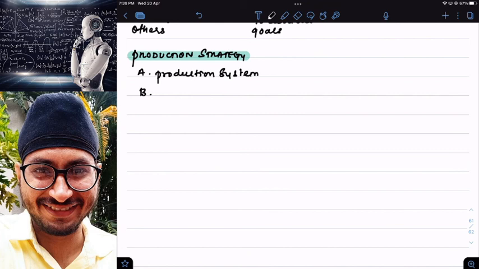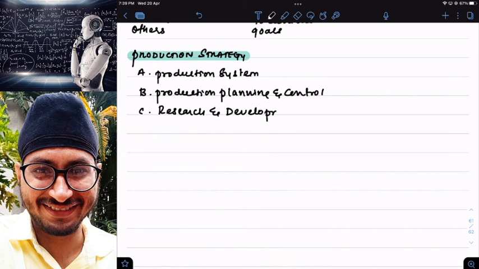It includes production planning and control. It also includes research and development. Clear? Production strategy includes the production system, production planning and control, and research and development.